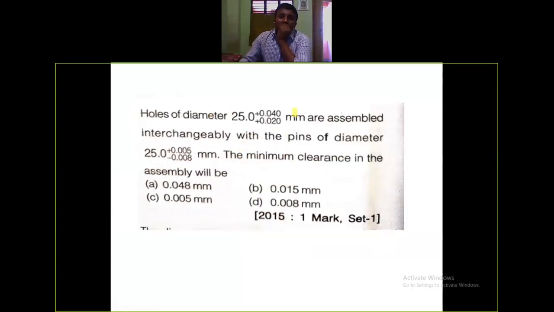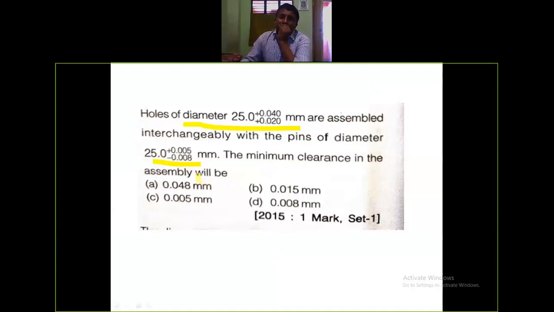Again, one question. The hole dimension is given and it is assembled interchangeably with a pin of given diameter. What is the minimum clearance in the assembly? When will you have the minimum clearance?